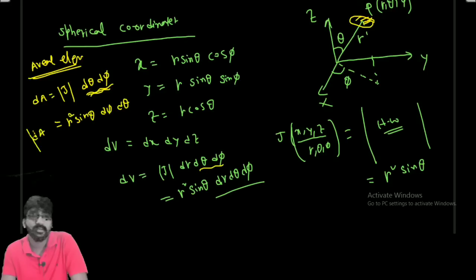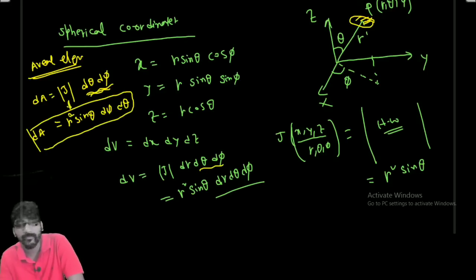Just remember this result, this is the application of J. We just want to calculate this J, but why these relations come and why these are the variables, I will tell you when I teach the chapter on coordinate systems, geometrically. For now you don't need to think geometrically, just think about J and how you can transfer the area element using J. When it is an area element, only two variables are there, theta phi, or phi z, or sometimes r theta.